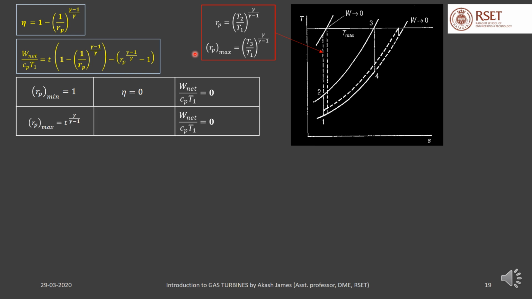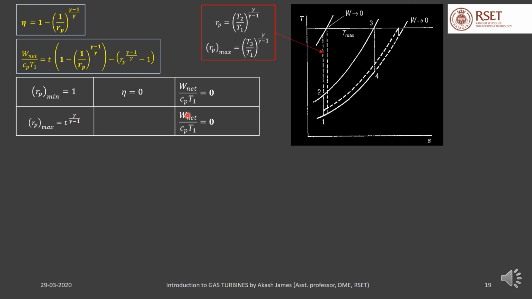That is, when the pressure ratio is maximum, the specific work output will be 0. Now the maximum pressure ratio is T3 by T1 raised to gamma by gamma minus 1. We know that T3 by T1 is nothing but the small t. So when the pressure ratio is minimum and when it is maximum, the specific work output is 0.